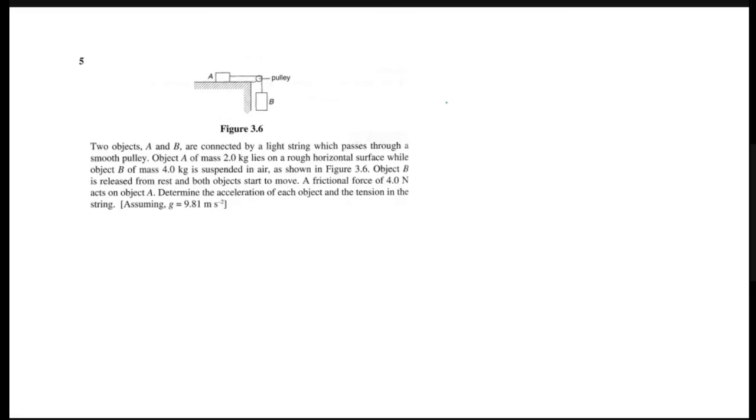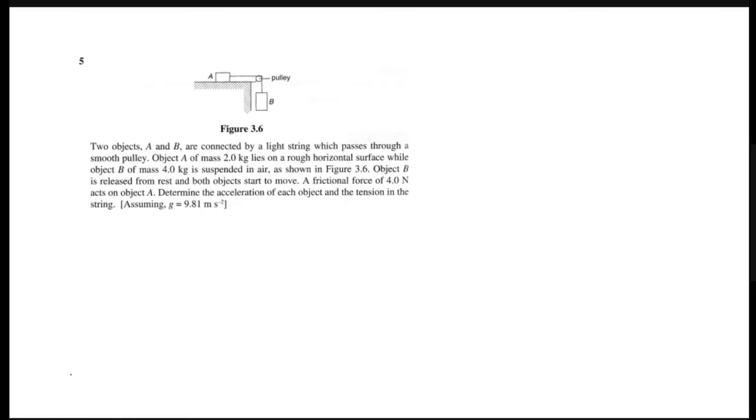Object A of mass 2.0 kg lies on a rough horizontal surface. Object B has mass 4.0 kg and is suspended in air. As shown in figure 3.6, object B is released from rest and both objects start to move. A frictional force of 4.0 Newton acts on object A. Find the acceleration of each object and the tension in the string.